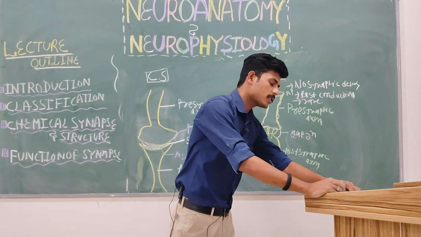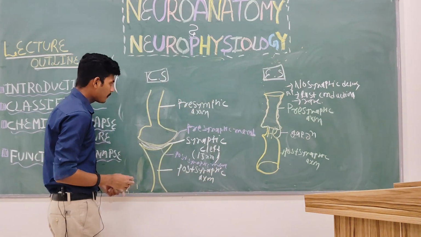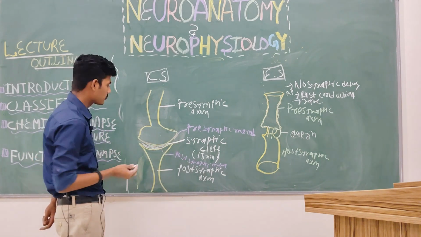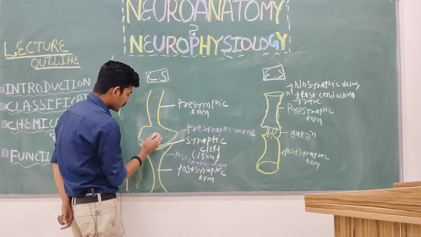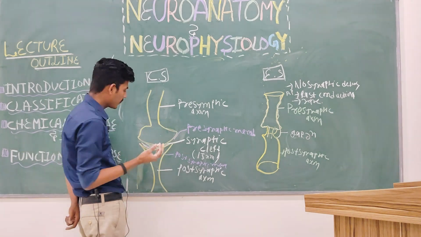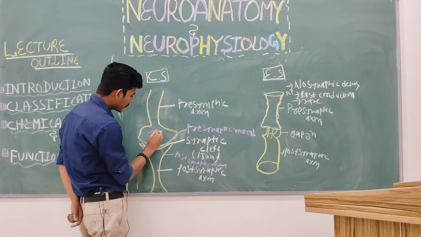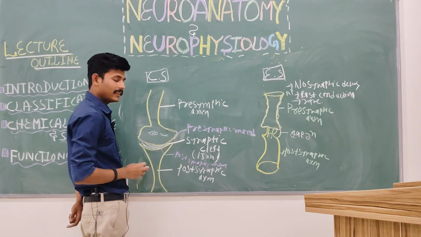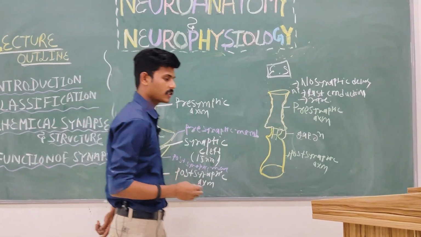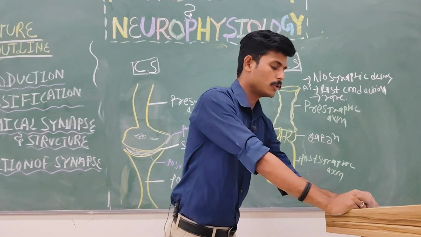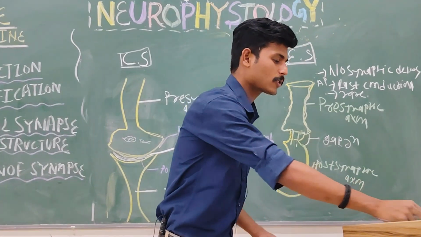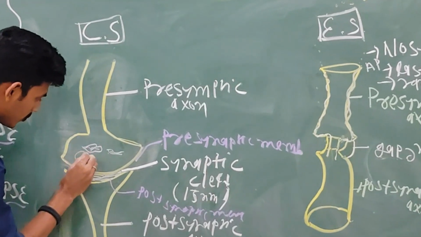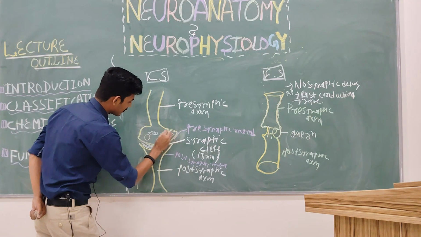Now, the thing you should remember is that the endings of the axon carry very special things. They have plenty of mitochondria, the powerhouse of the cell, and they have one special kind of structure which makes the synapse unique.